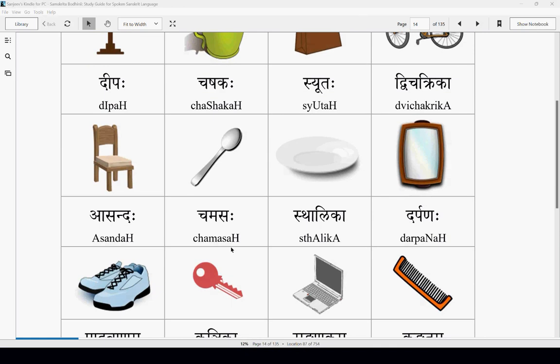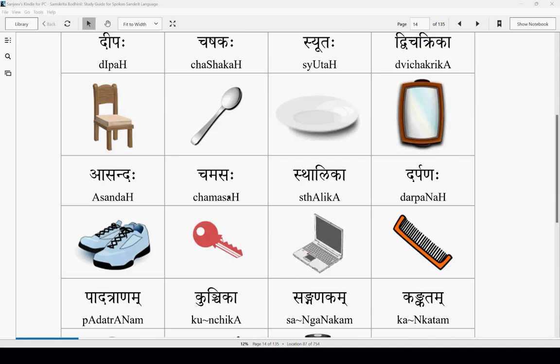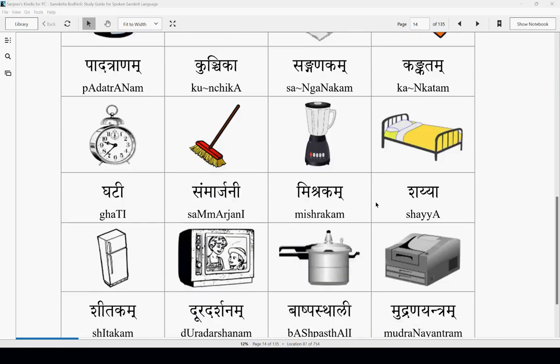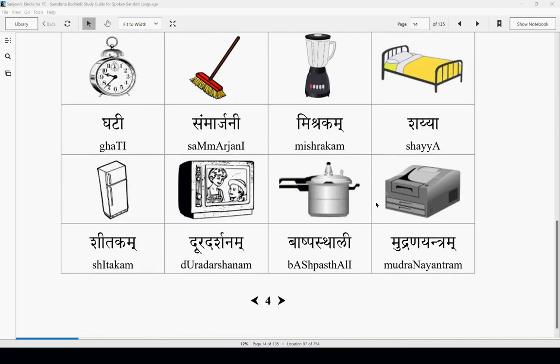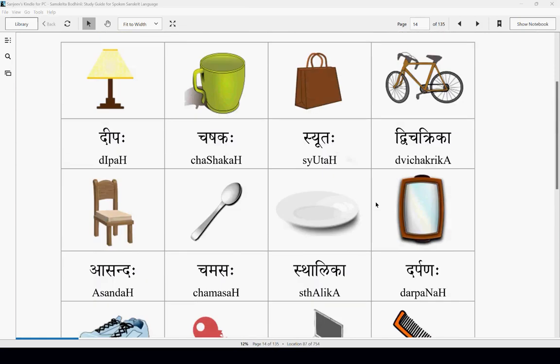So the words representing that one quantity are in Ekavachanam, and the words like Asanda, Chamasa, those are in Pullingam, Darpana, Pullingam. What else is Pullingam here? Nothing else. So those are in Pullingam.